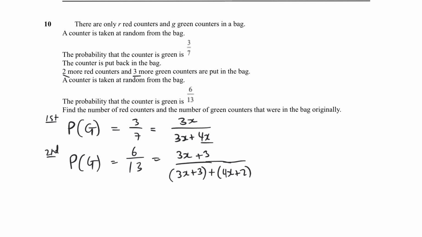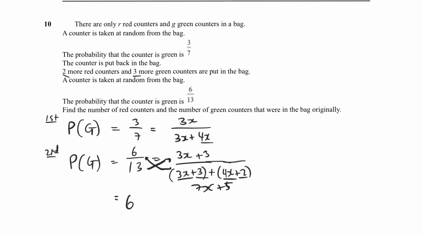So another way of rewriting all of this is, if we look at the second one, we can rearrange it by multiplying the numerator of one side by the denominator of the other, and vice versa. First of all, we need to simplify this. So 3x plus 4x is 7x. 3 plus 2 is 5.